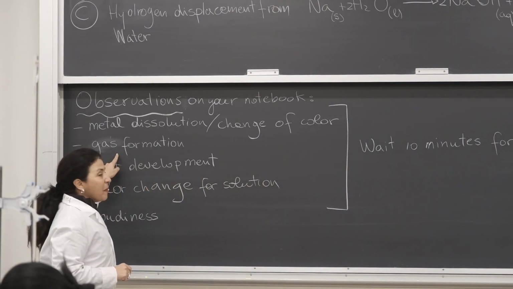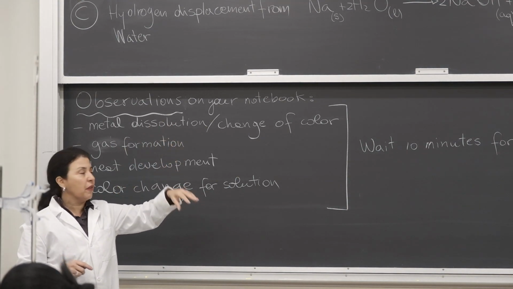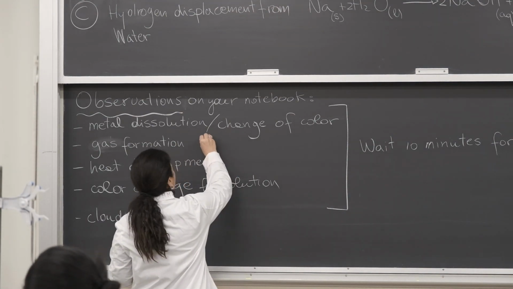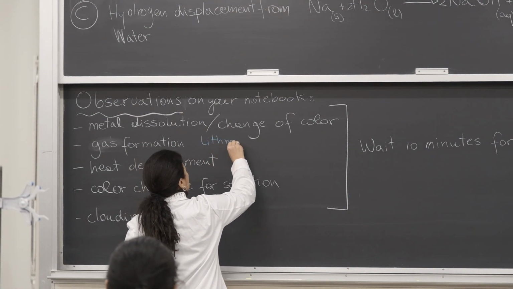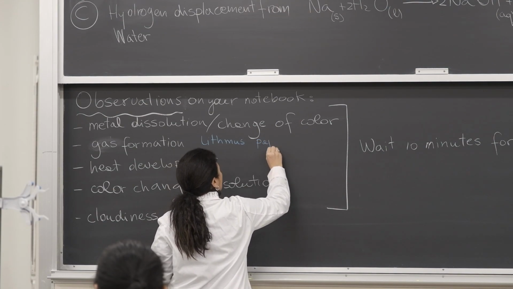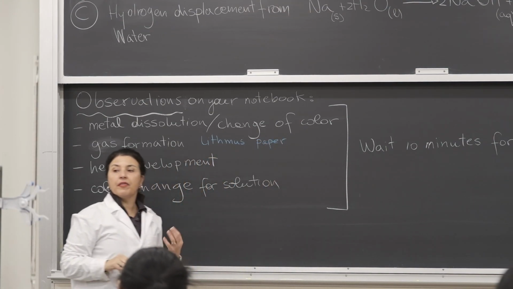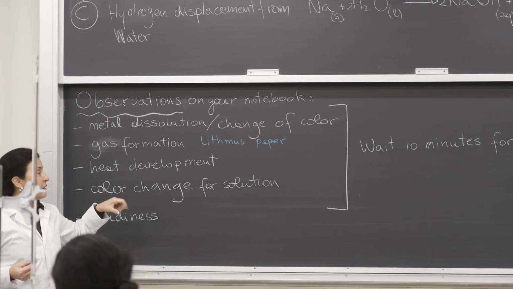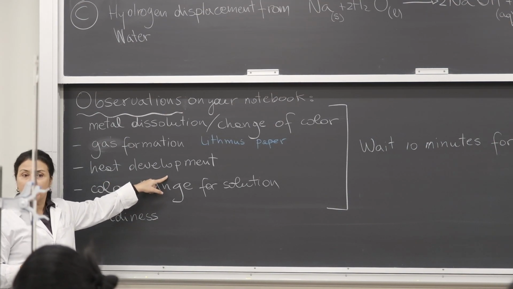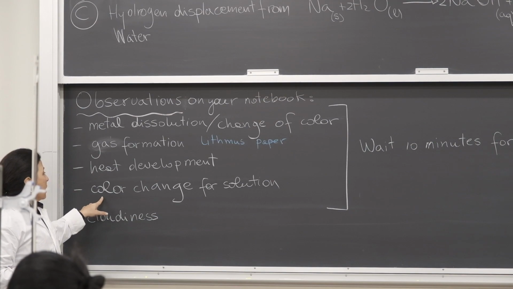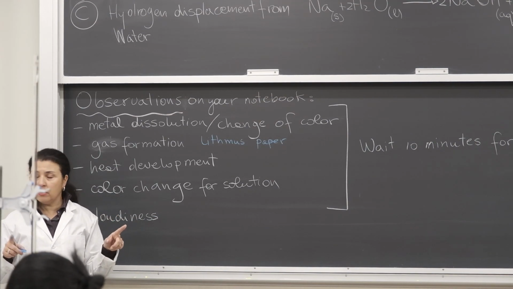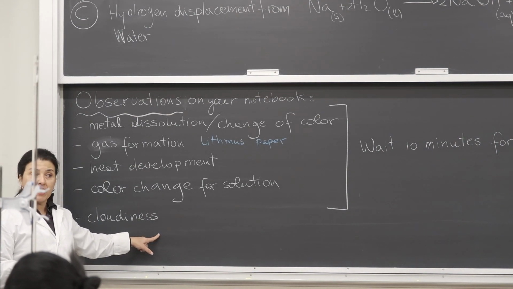So for gas formation, we should see an evolution of gas, and for ammonia, we're going to use the litmus paper, which is an indicator of the formation of ammonia. We're going to observe if our vial gets hot, so if we have heat development in our reaction, if we have a change of color of the solution, if we form cloudiness.